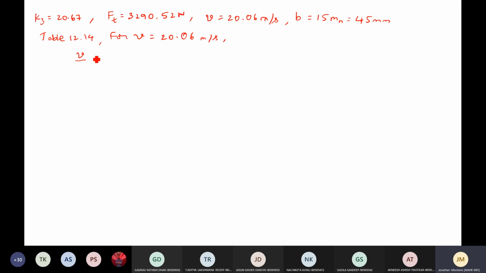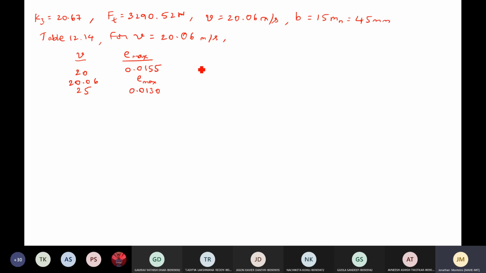So with the velocity V of 20 and 25, because 20.06 comes somewhere in between, you have the Emax value 0.0155 here, and here it is 0.0130, and this is your unknown value of Emax that you need to find out.